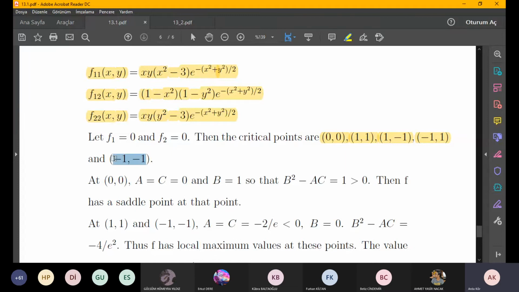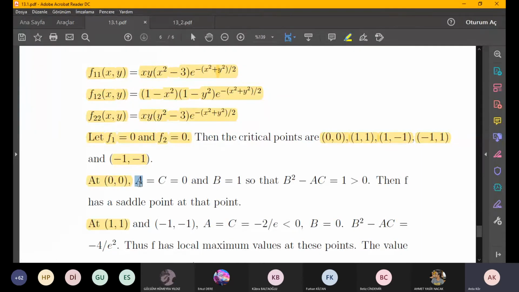So those are the critical points where f1 and f2 are 0, or equivalently the gradient vector is 0. Of course, we need to classify all these points by using the second derivative test.